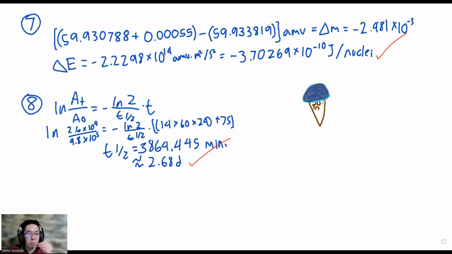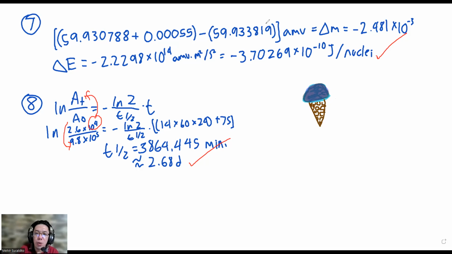Dapat ang At mo ay 10 to the 4th, tapos 10 to the 5th. Okay, this is your At. Then your A0 is this one. Okay, 2.68 days. So, ayan.